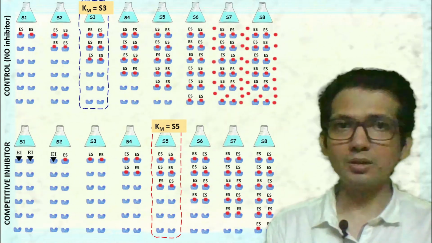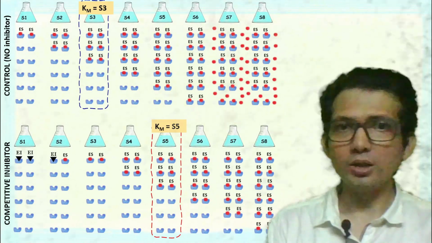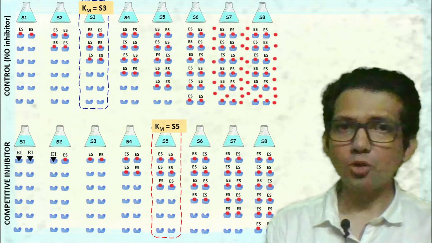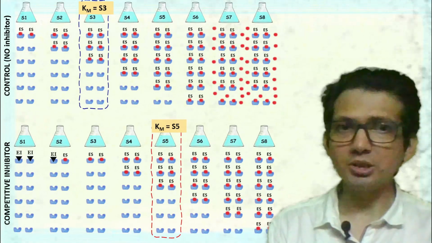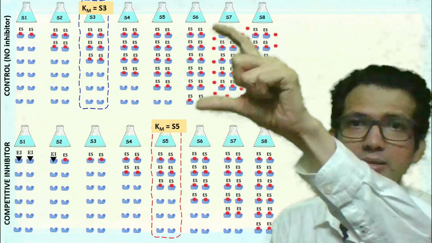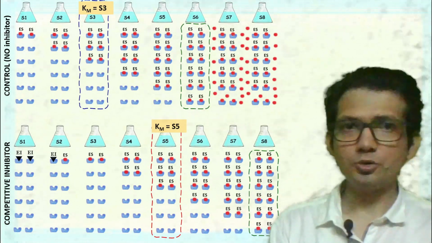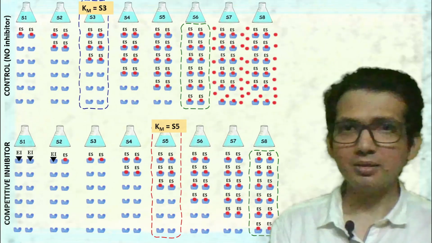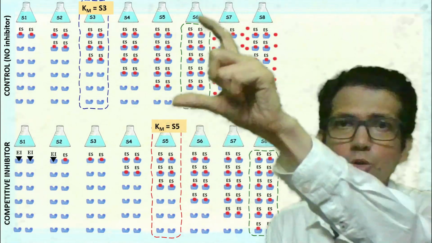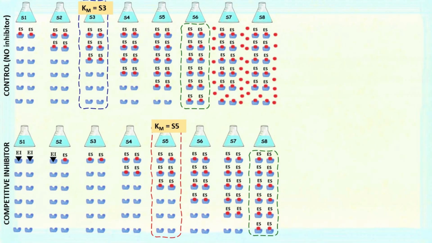Now the question is, what about the value of Vmax? Let's recall. Vmax depends on total enzyme concentration. In simple words, Vmax depends on maximum ES formation. So in this case, the control as well as in presence of inhibitor, the maximum ES formation is same.